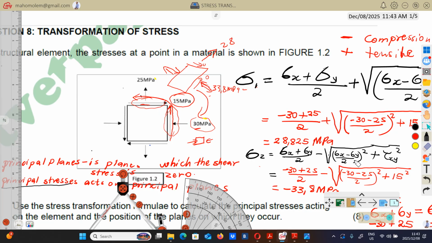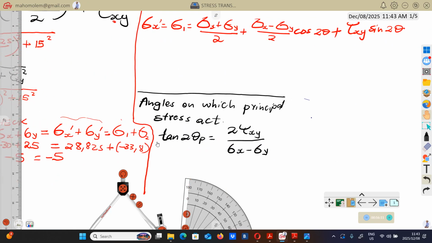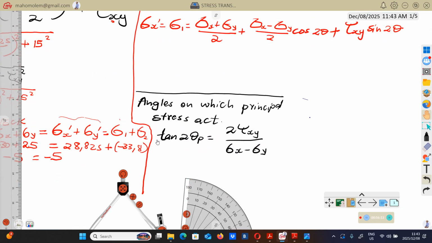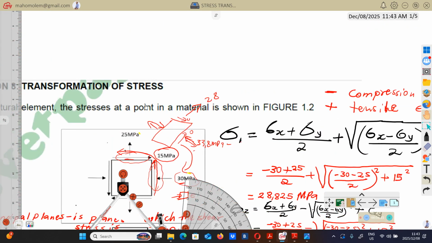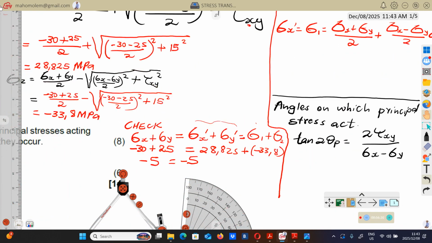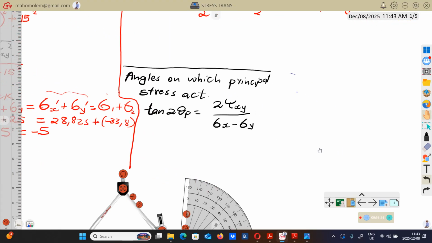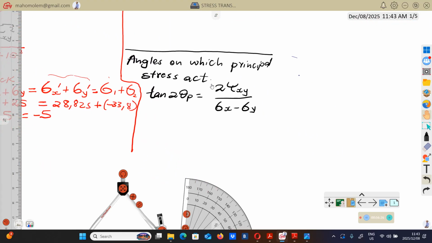Now, to get that angle, we are going to use this formula. So it's simply the angle of this element here. Then we have everything. You just have to substitute.